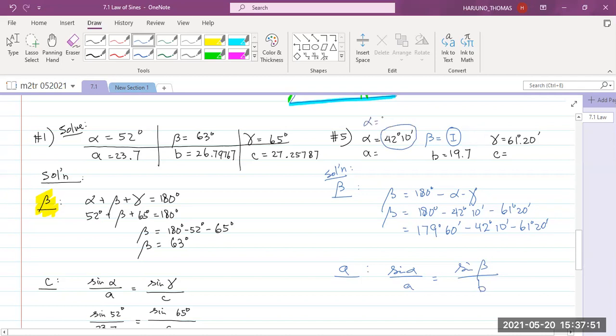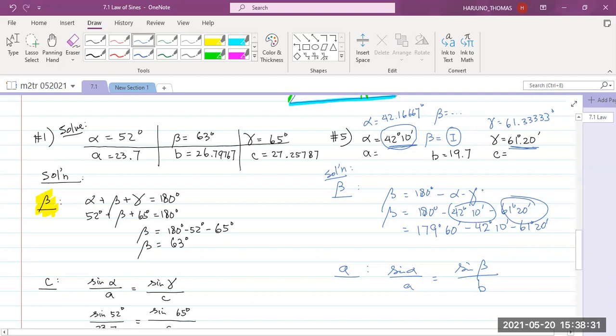So alpha equals 42.16667 degrees, while gamma will be 61.33333 degrees, and of course beta also. Now you may want to change this DMS style, degree-minutes style, to full degrees with decimals in advance. So instead of dealing with them in DMS style, you make it into full degrees with decimals at the beginning.